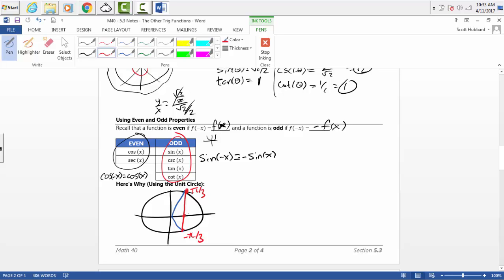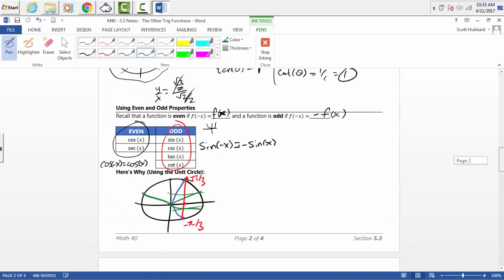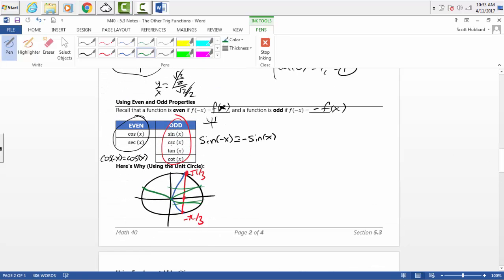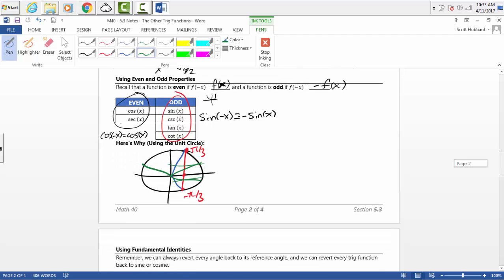It's just right here, connected by that line. And it's the same thing for other angles, like if I do pi over 6 and, sorry, negative pi over 6, then the y values are opposite. Okay. So just remember that cosine and secant are even, and all the rest are odd.